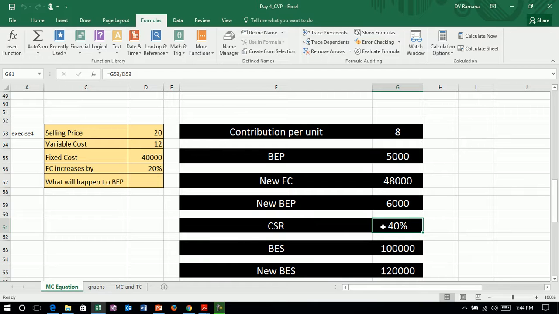So keeping aside the concept of time here, if suddenly the salaries, which we normally consider as fixed, or rent, which are normally considered as fixed in a particular time period or capacity, go up because of a change of contract, then all other things remaining constant, the break-even point goes up.